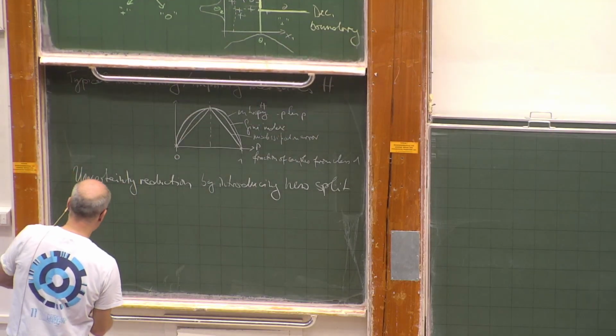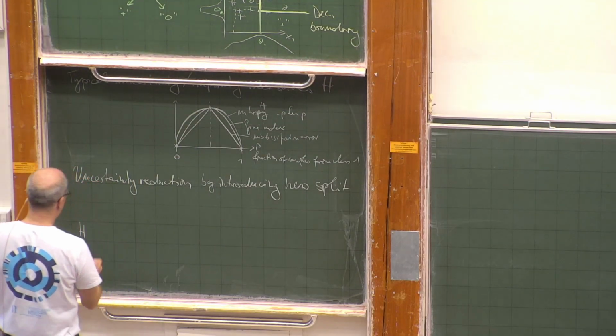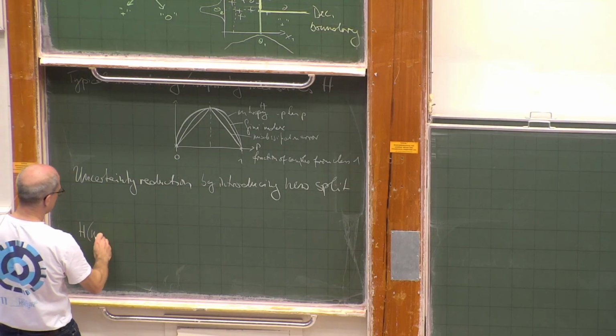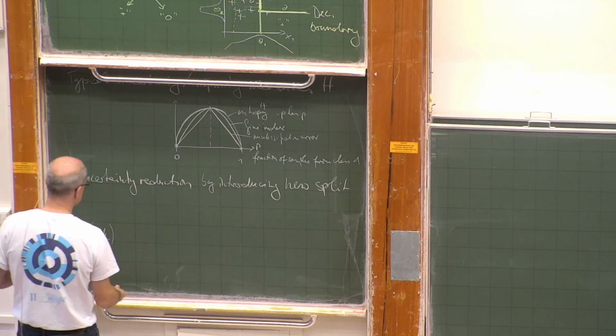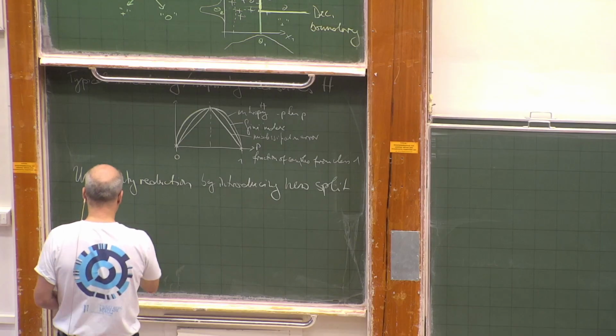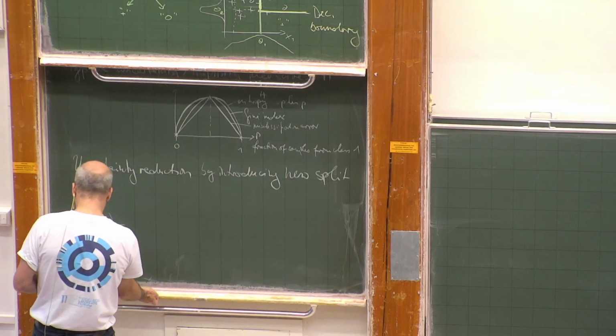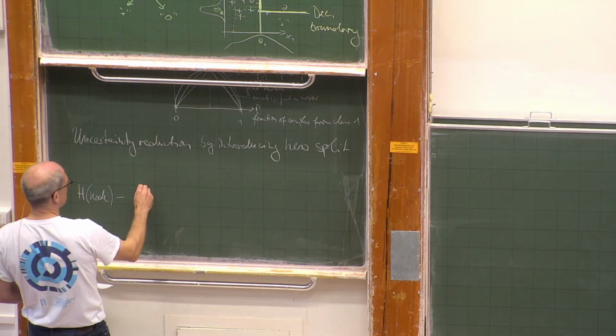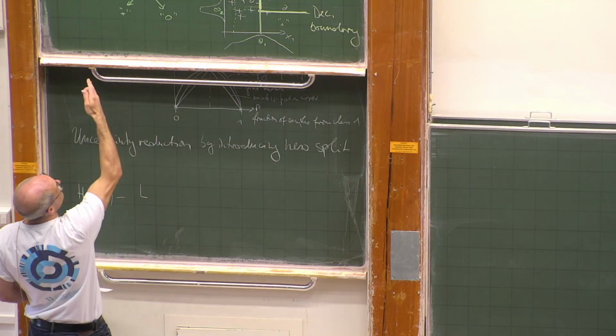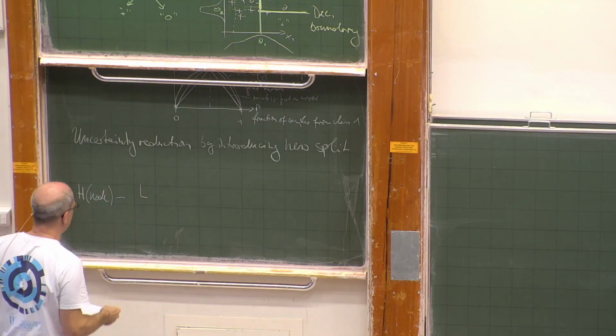And this is what I mean if I now say we're looking at the uncertainty at some node, minus, and now we look at how many samples are sent to the left or to the right side of that node.